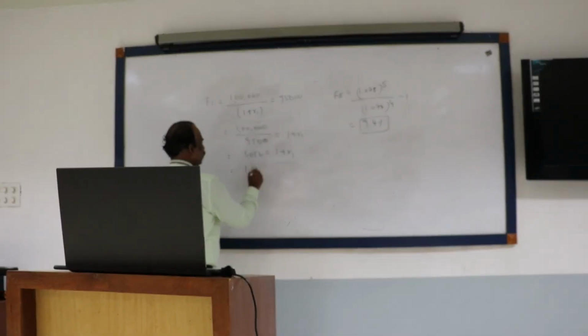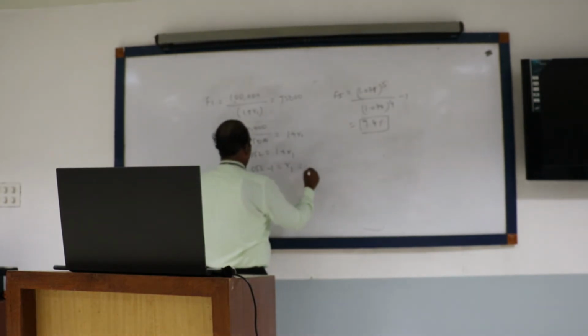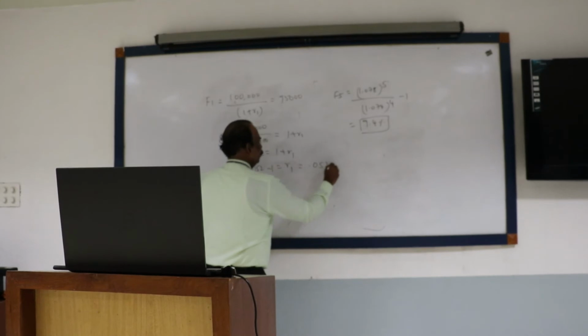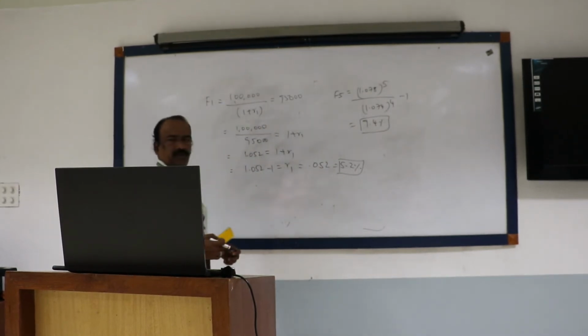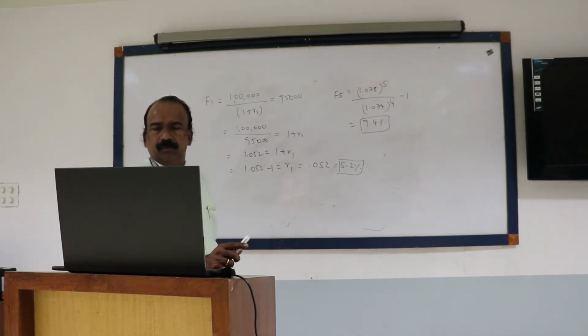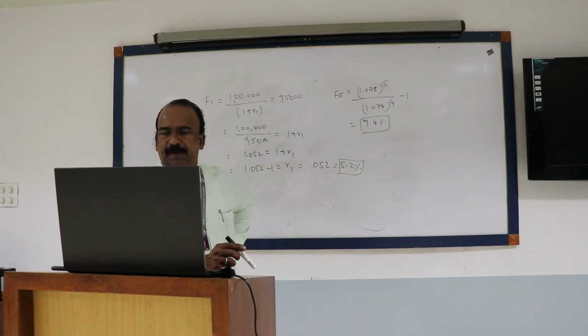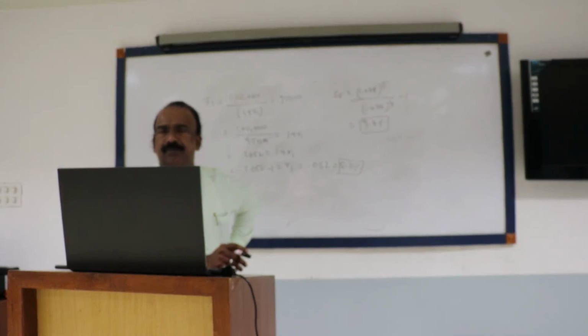So 1.052 minus 1 is equal to R1, that will be 0.052, so 5.2%. All of you understood? Is that clear? Any clarification? 1 lakh divided by 1 plus R1 is equal to 95,000. Is that clear?